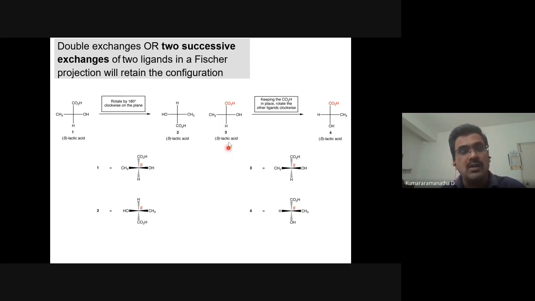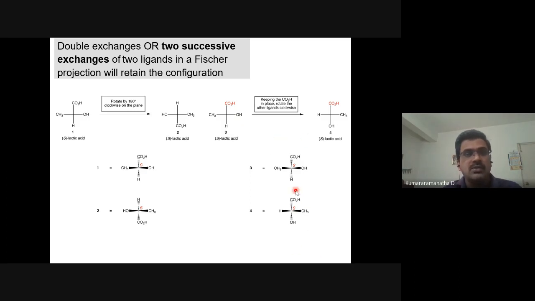Okay, now also you can see for this lactic acid structure, you can keep COOH in one place and then rotate the other ligands in a clockwise direction, OH, H, methyl group here. Even this has got the same kind of arrangement.